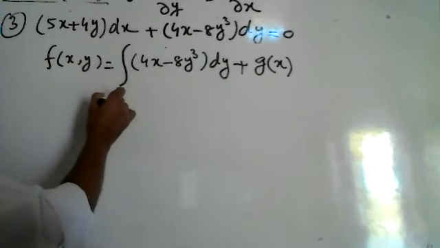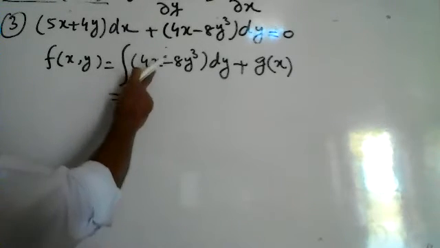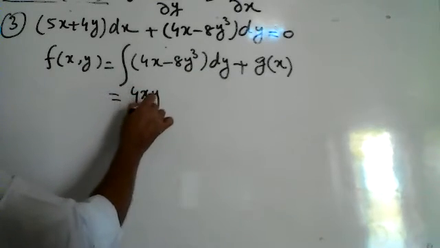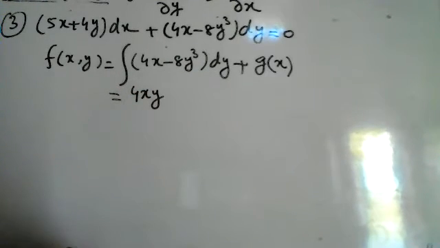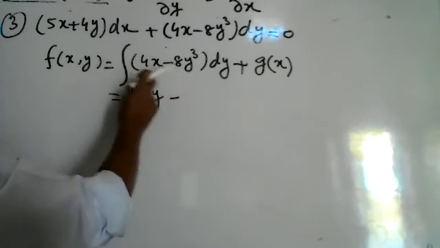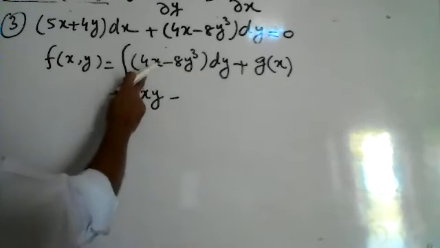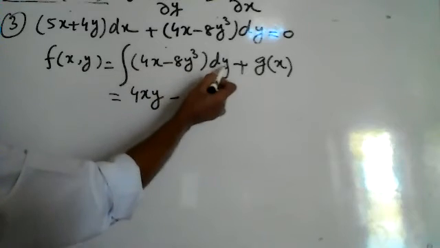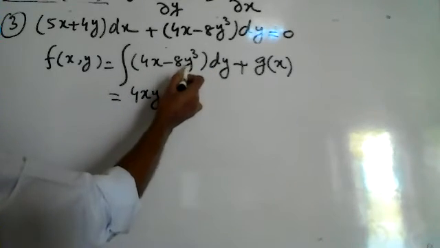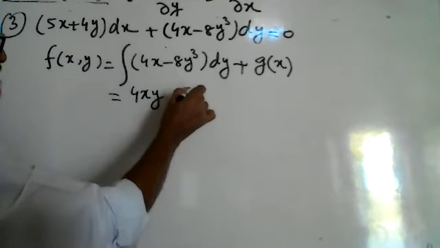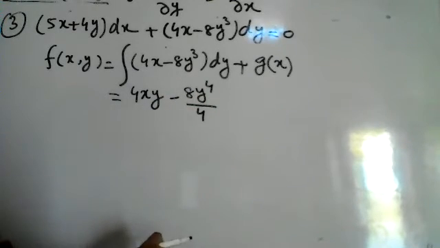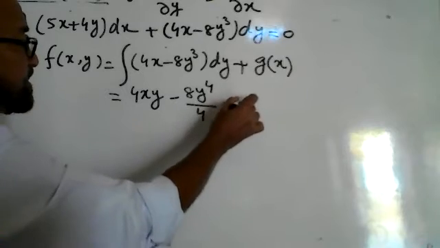Okay, now we will integrate it. Integrating 4x with respect to y will be 4xy, minus the integration of 8y cube with respect to y, it will become 8y to the power 4 upon 4, plus g of x.